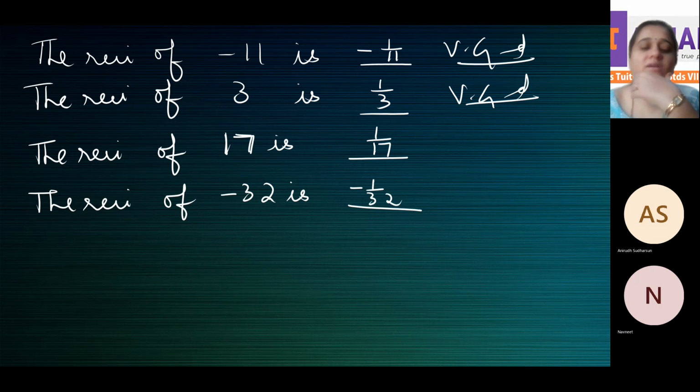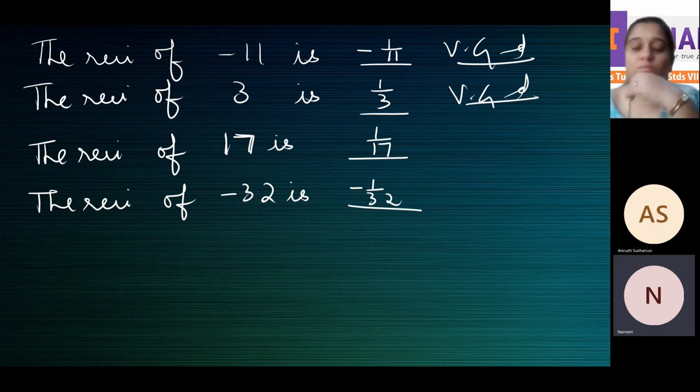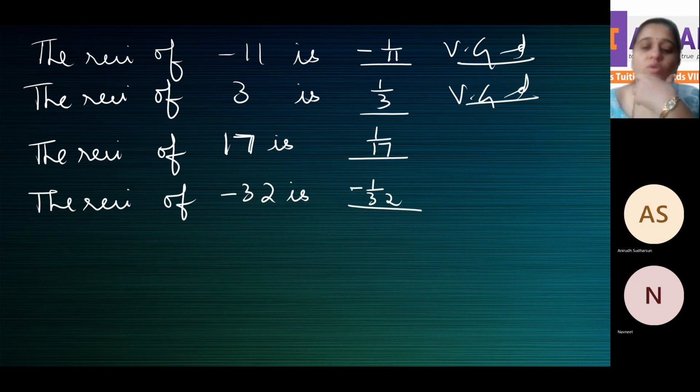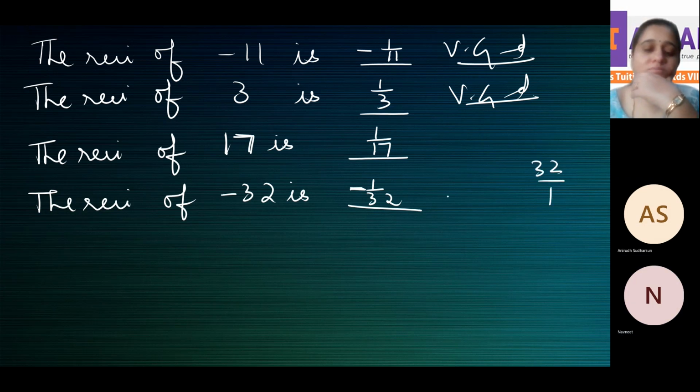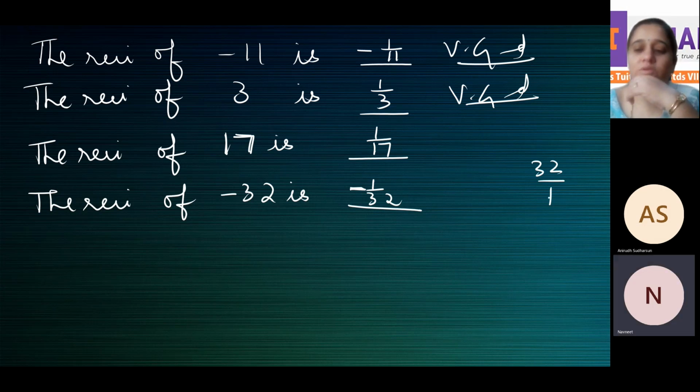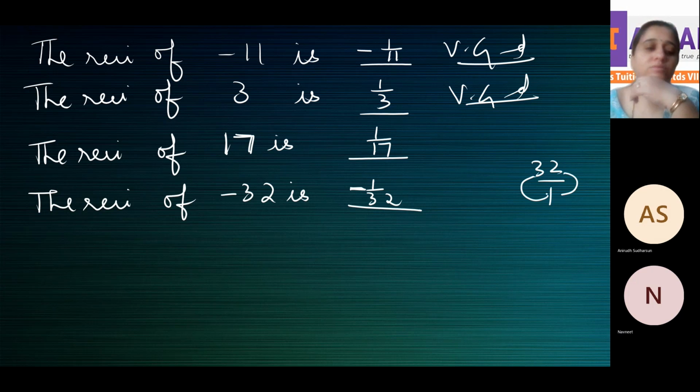So what is the sign for 32? Is it negative or positive? Negative. So you did not change the sign. You put the same sign minus, correct? Yes, ma'am. And 32 means 32 by 1, correct? Yes, ma'am. So you changed the number. You made it 1 by 32. Yes, ma'am. Okay.